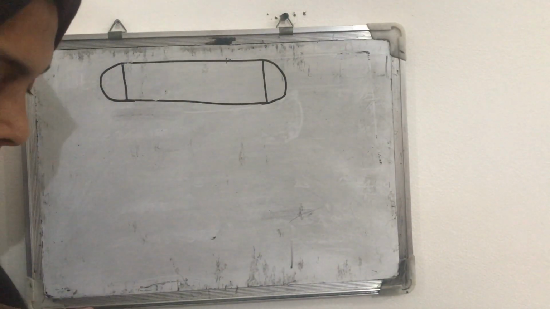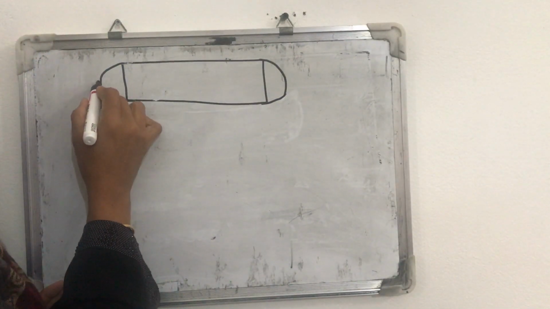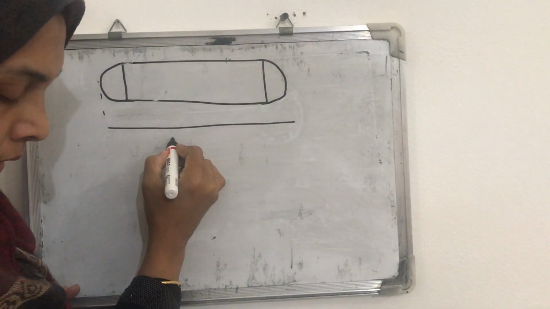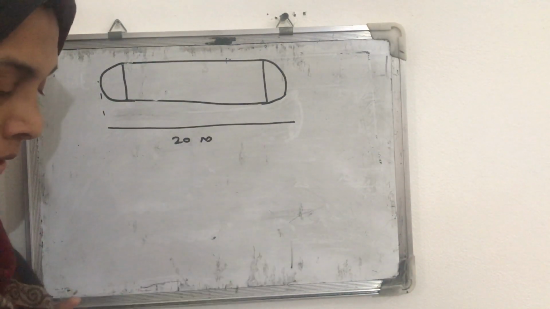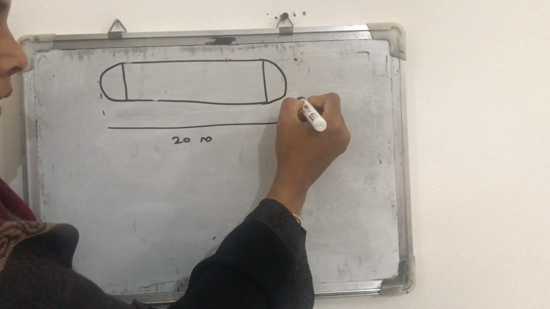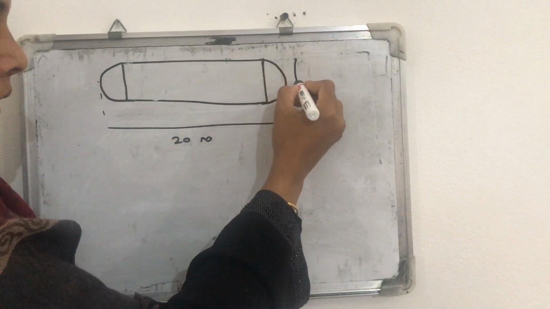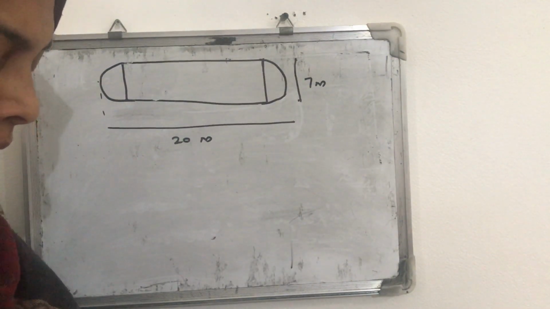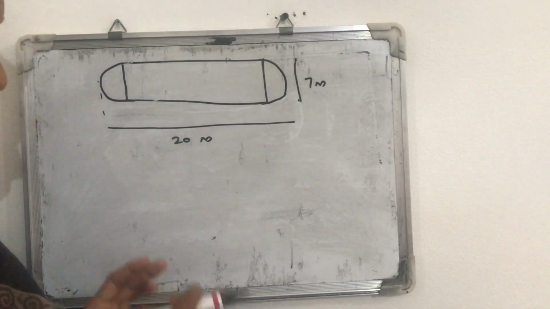The total length is given from here to here: 20 meter. And this length is given from here to here, the total length of this part, that is given 7 meter.